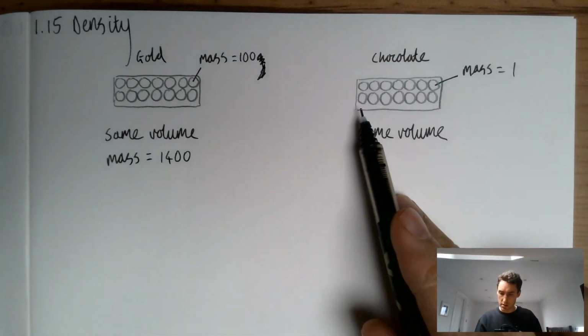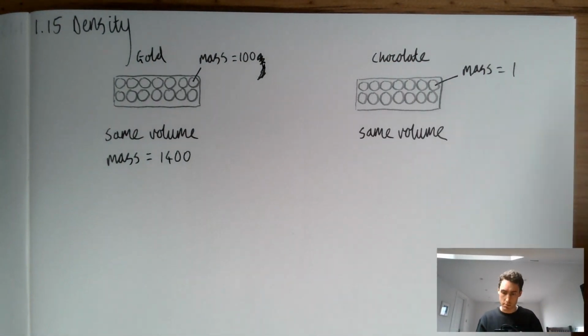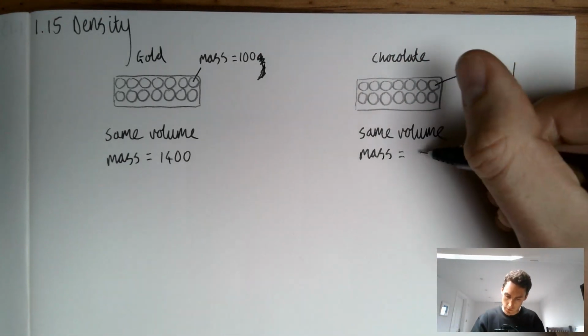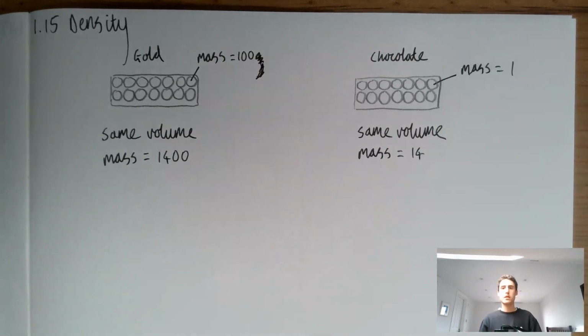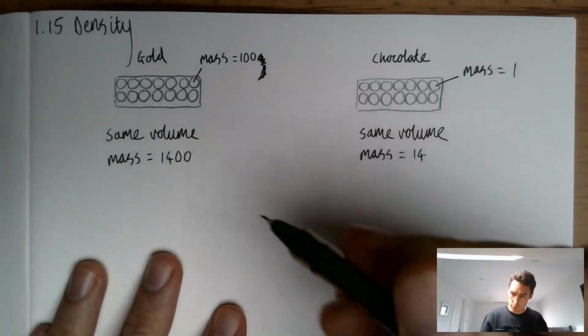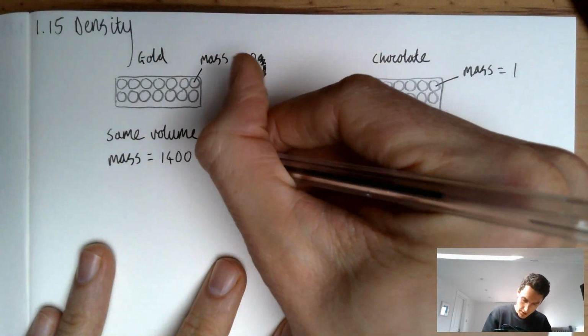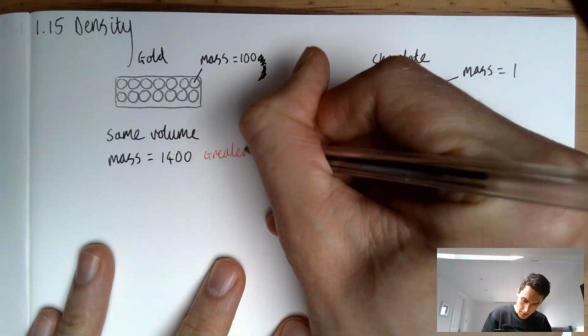But in this case, because I've got 14 but each has a mass of 1, my total mass equals 14. So clearly this one, and I might do this in a different colour, clearly this one has the greater mass.